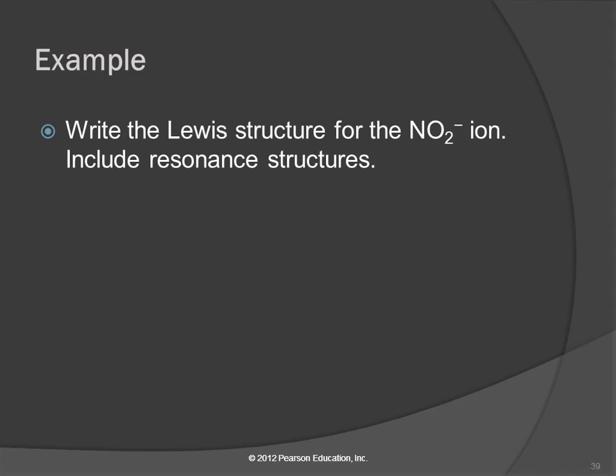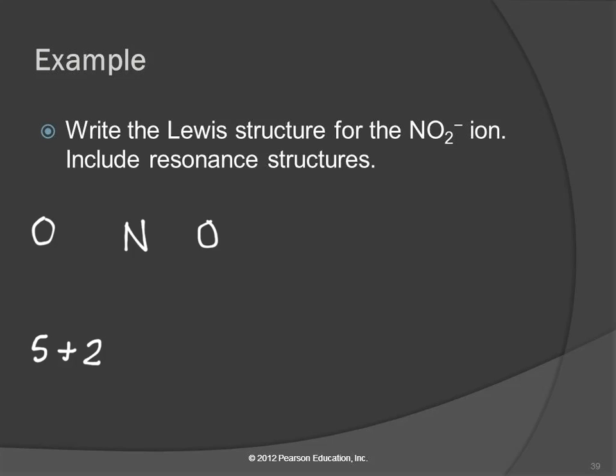So let's draw a Lewis structure for nitrite ion and include resonance structures. Nitrite, NO2-, so we'll want to put the nitrogen in the middle and an oxygen on each side. We have to count up electrons. Nitrogen has how many valence electrons? 5.